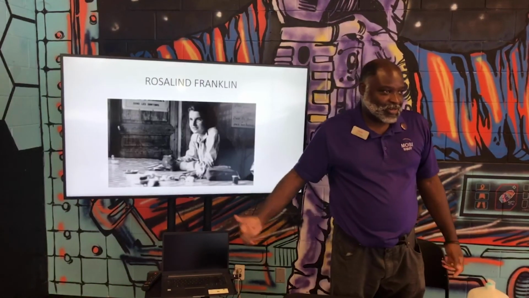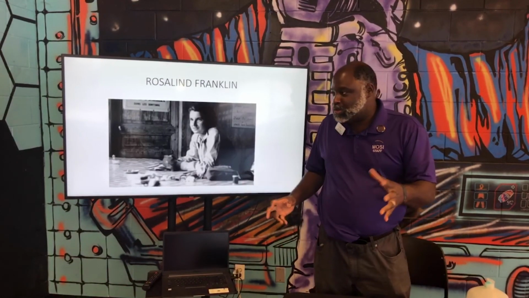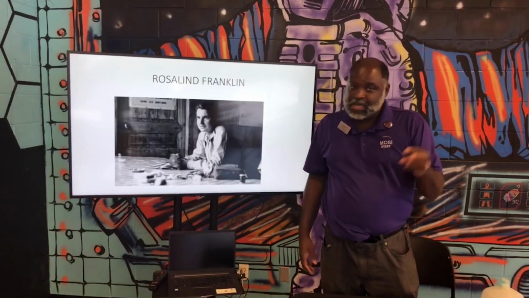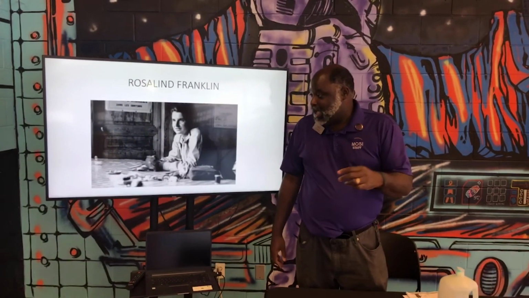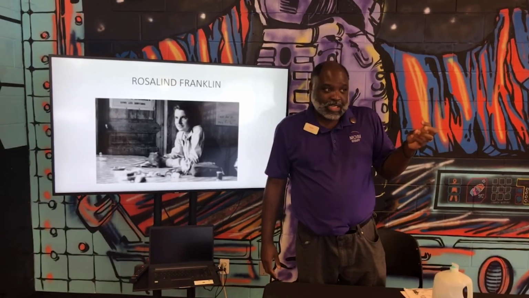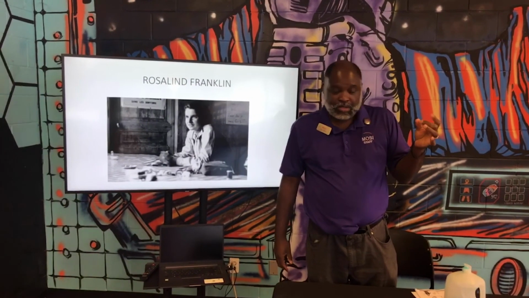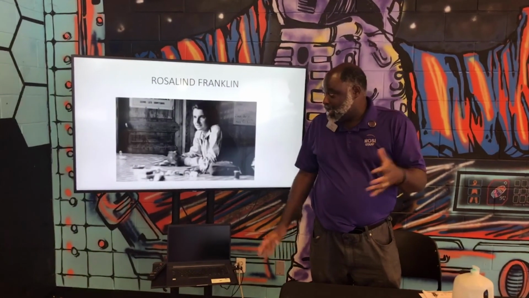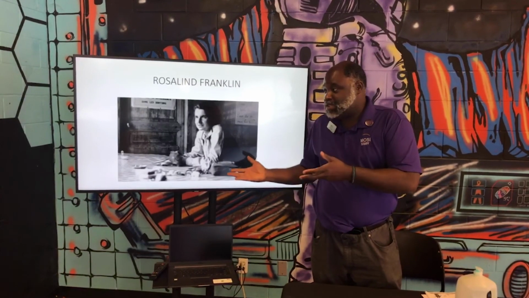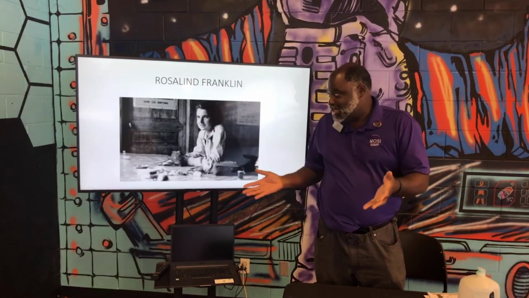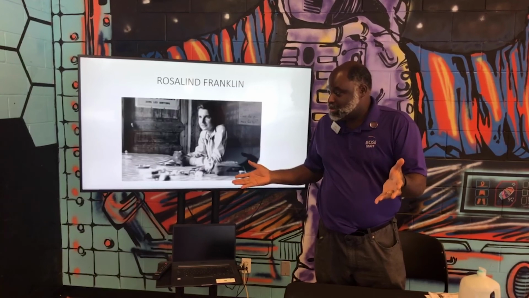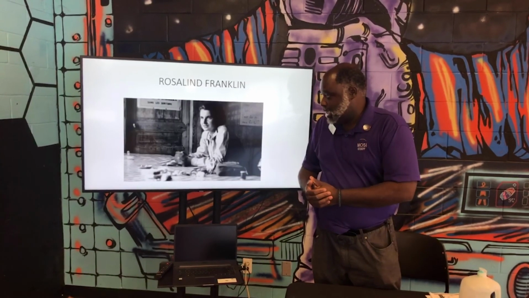Poor Rosalind Franklin. Now, there are some rules that the Nobel Committee has. First rule is that they didn't want to split the prize money 3 ways. And then also you have to be alive. Unfortunately, with her research in X-rays, she had cancer and passed away at an early age.